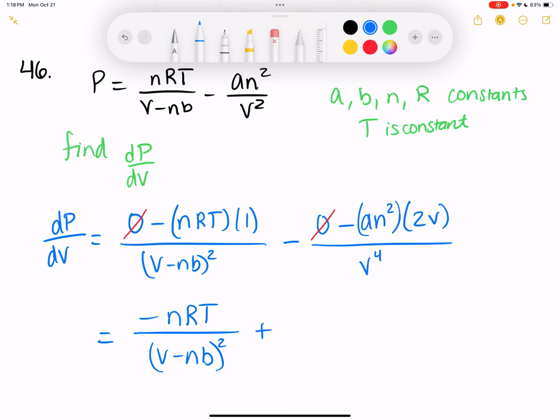Now, there's a V on top and a V on the bottom, and I only have stuff being multiplied up here, so I can cross this out. So I'm going to have on top 2AN squared over V cubed.